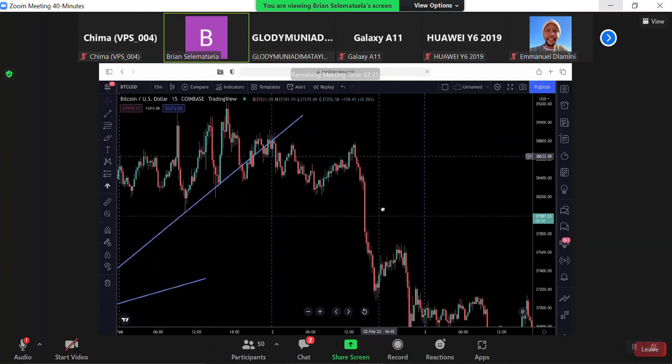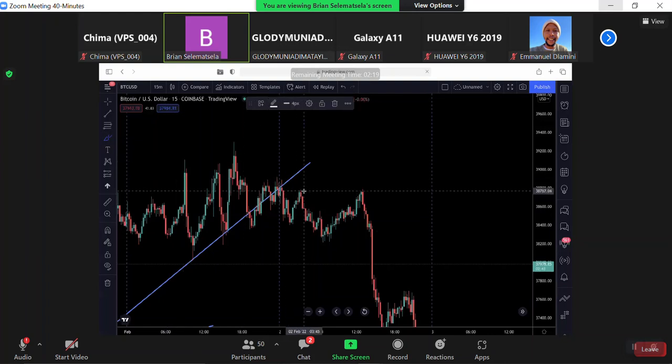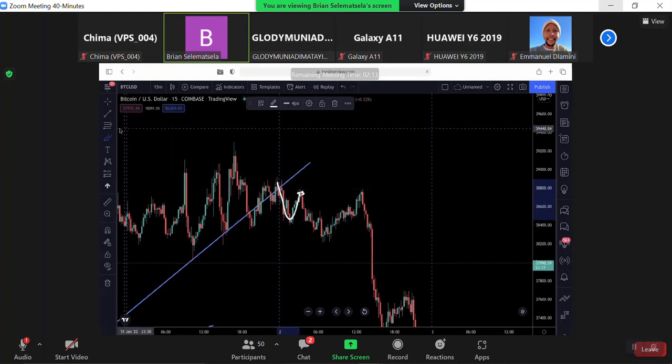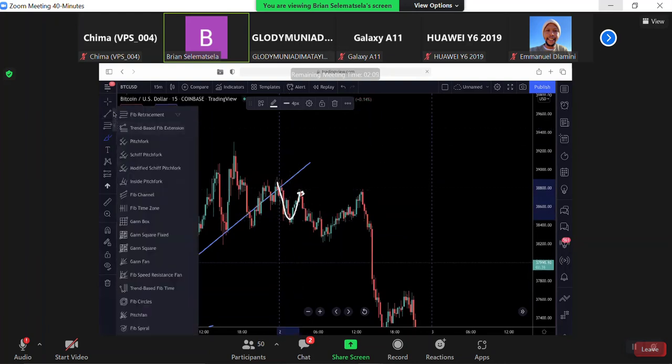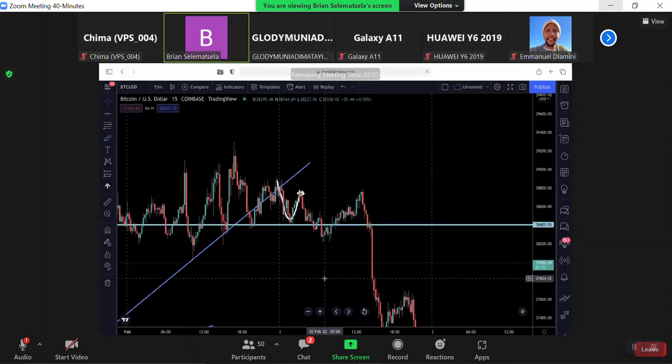What I'm saying is that from where we've actually entered, if the first trade you took is there, you draw your horizontal line here.